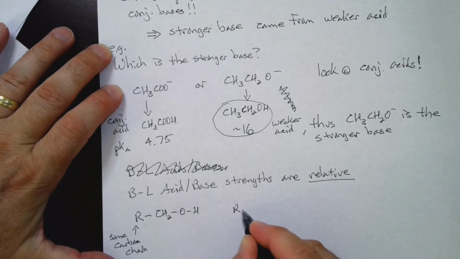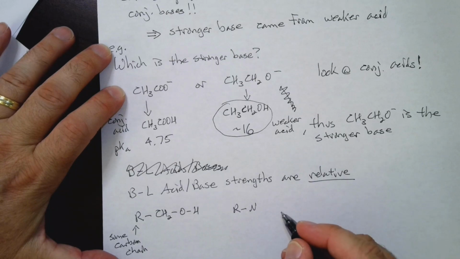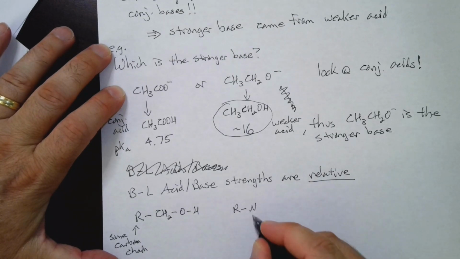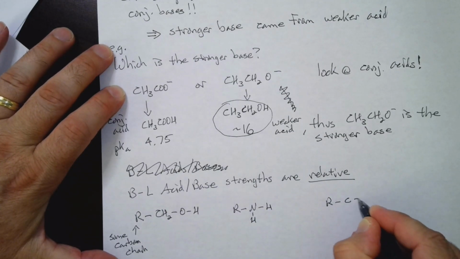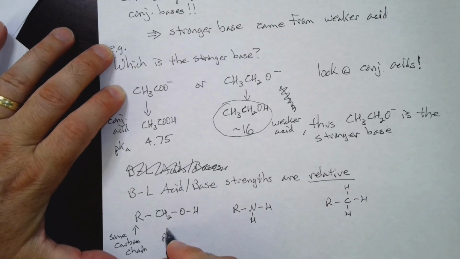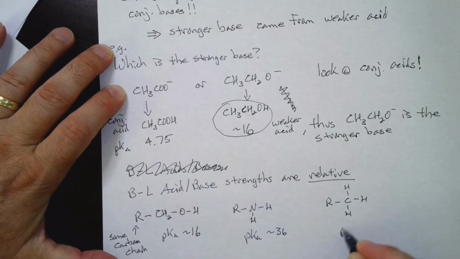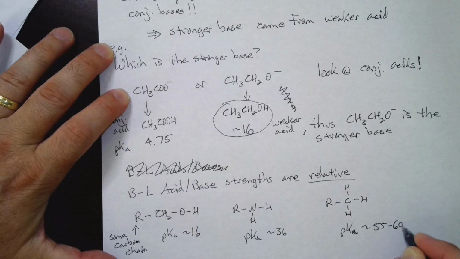So R, O, H, then R, N, H, H, and then R, C, H, H, H. My pKa here is around 16. My pKa for this guy is around 36. My pKa for this guy is somewhere like 55 to 60.